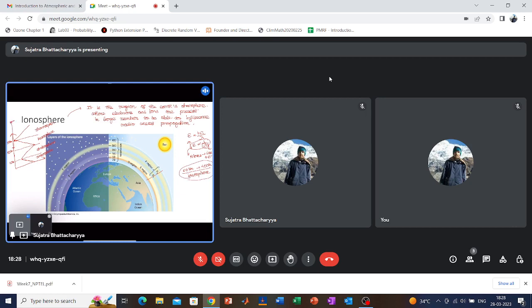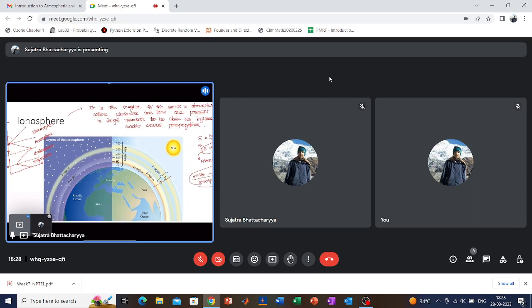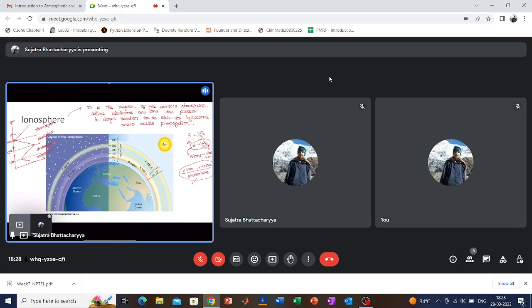It extends up to space. So ionosphere starts from the mesosphere and goes to the thermosphere or exosphere, which is the outermost layer.